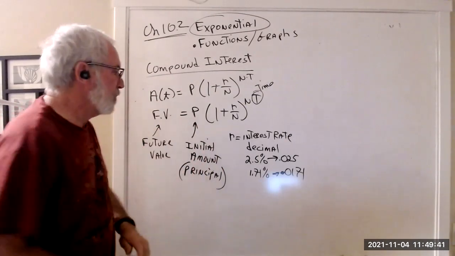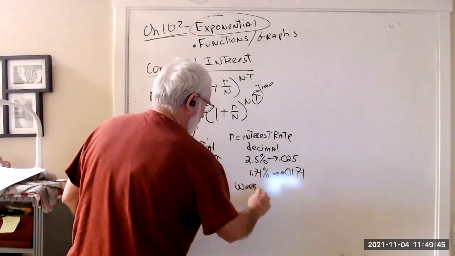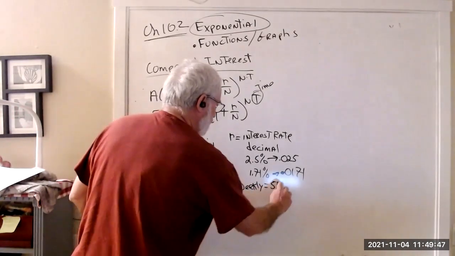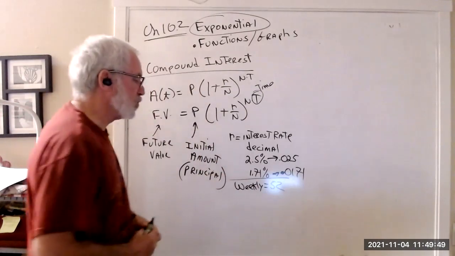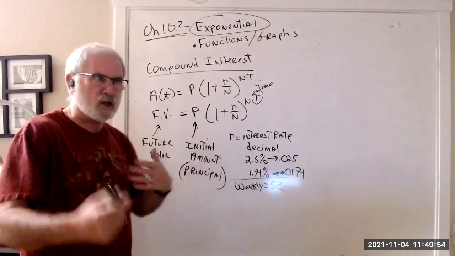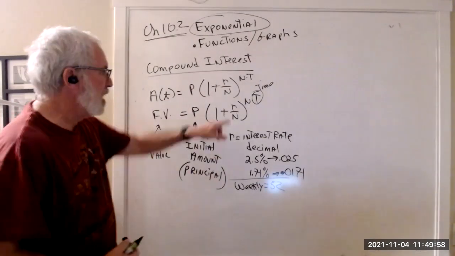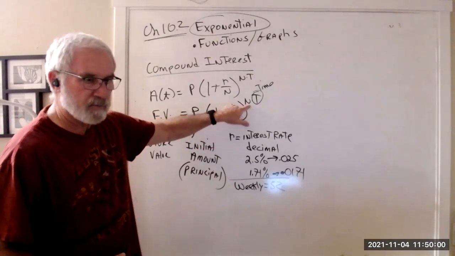So if they said weekly, N is 52 because there's 52 weeks in a year. If they said we're going to compound this weekly, you put a 52 here for N.